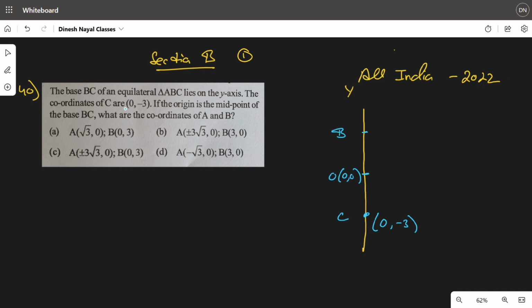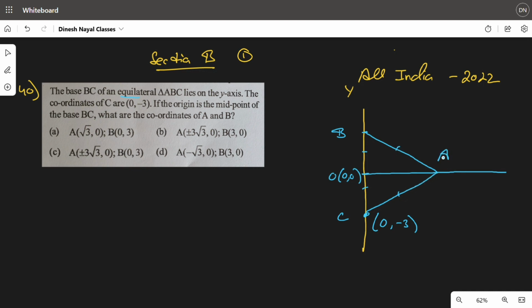So now, first of all, this is an equilateral triangle. So we draw like this. Now this is an equilateral triangle, so if we draw like this it will complete our triangle. All the sides are equal.